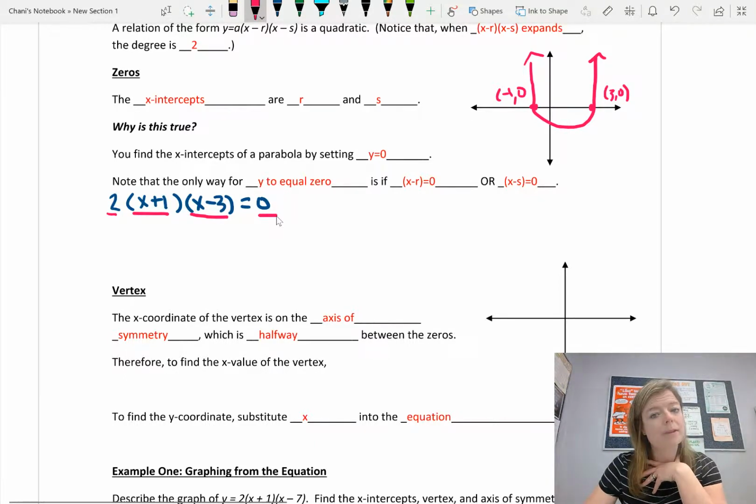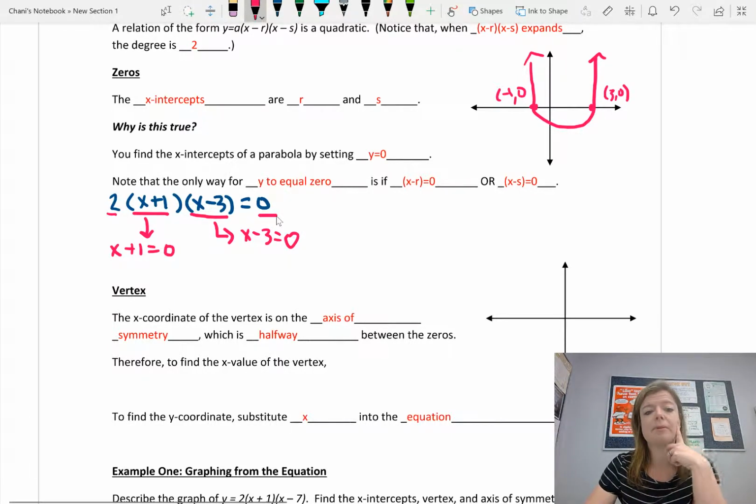That's the only way to multiply to 0. So that means either 2 has to be equal to 0, which doesn't make sense, or x plus 1 has to be equal to 0, so you get 2 times 0 times whatever, or x minus 3 has to be equal to 0, and then you get 2 times a number times 0.